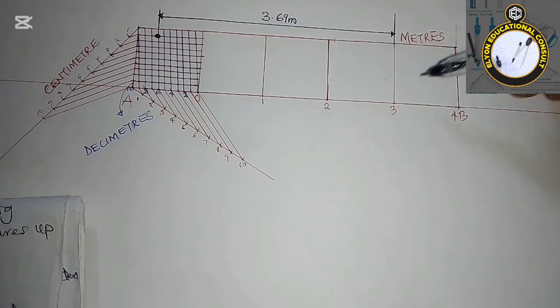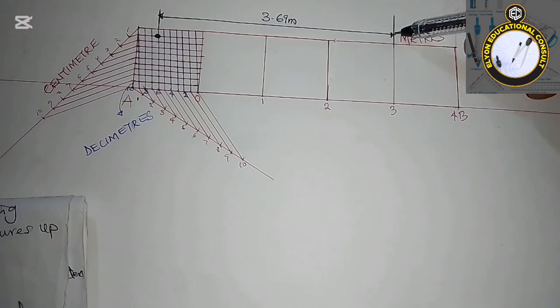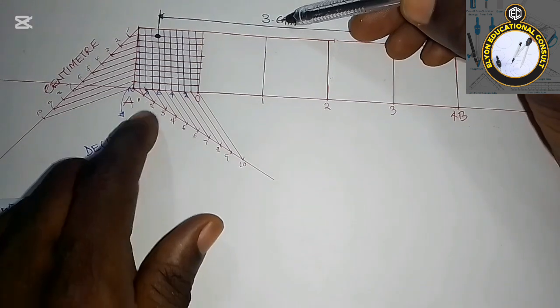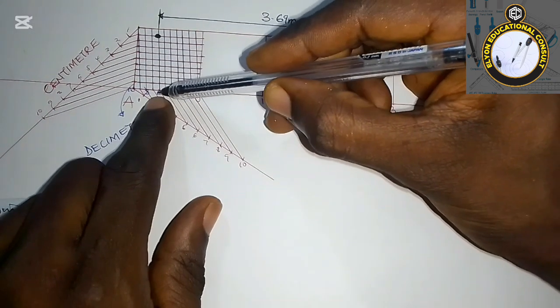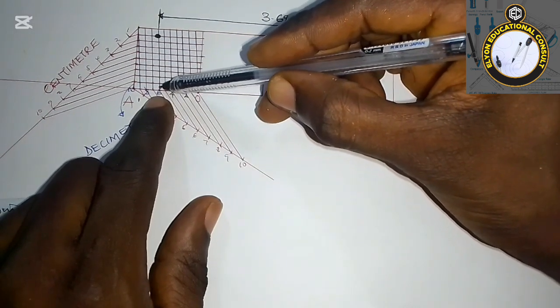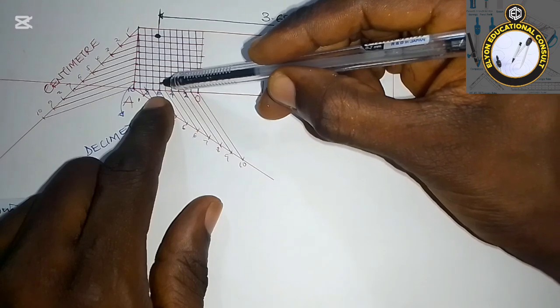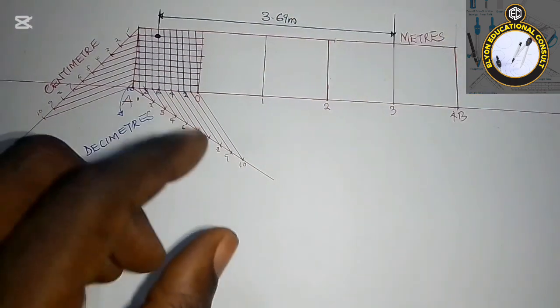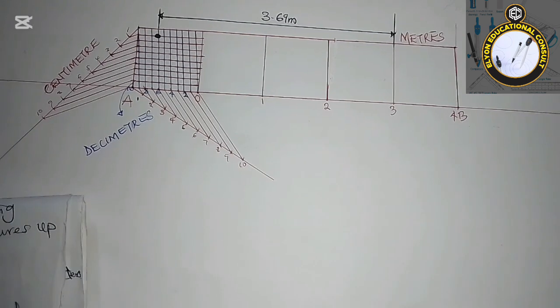This is 3 meters, 6 decimeter. This is 6 now. Then you read up to centimeter, 9 centimeter, 1 2 3 4 5 6 7 8 9. With this scale you can take as many measurements as you like.